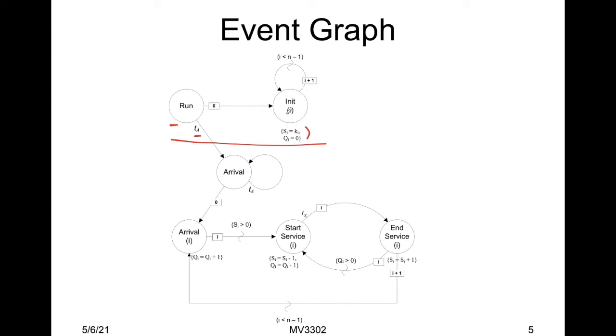Init I sets S sub I equal to K sub I, that is, the number of available servers at station I is the total number of servers at station I, and Q sub I, the number in the queue at station I, is initialized to 0. So this is how we initialize state variables that are arrays, and this is the pattern that should be used.